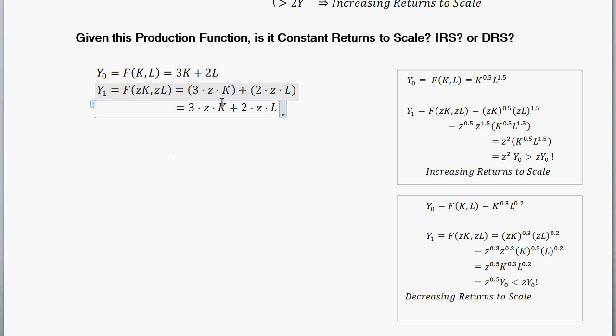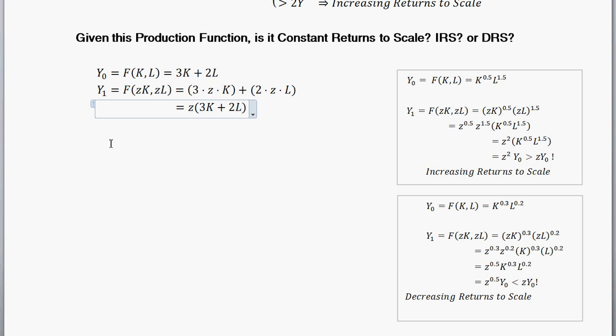So we could pull out z from in front of K here. We could also pull it out from in front of L. And so we have z times that initial level of output. So in this step, all I did was take out the z here and the z here, and we now have something equivalent, which is z times 3K plus 2L.